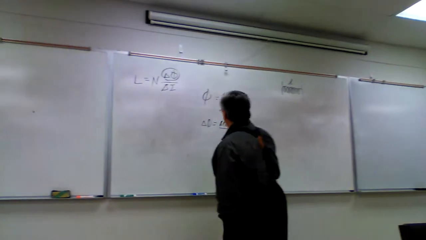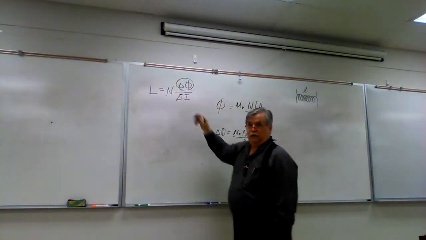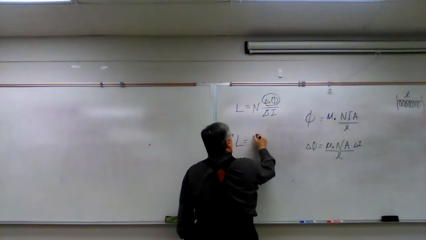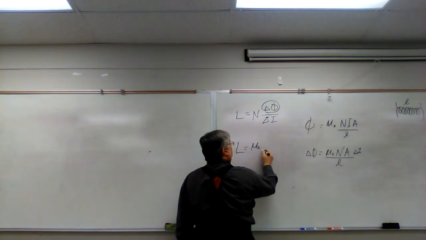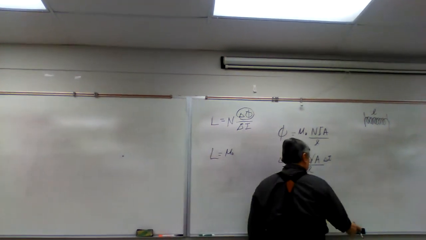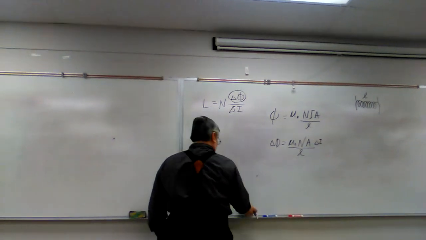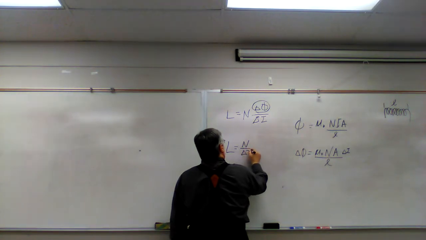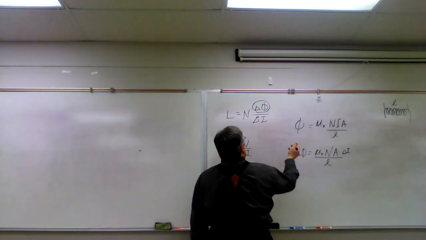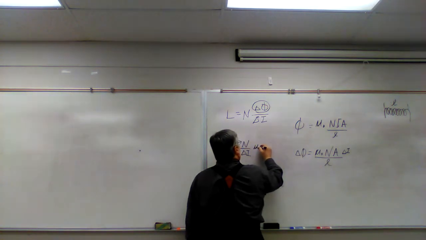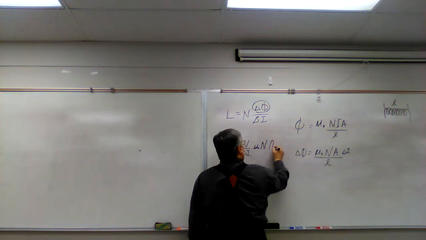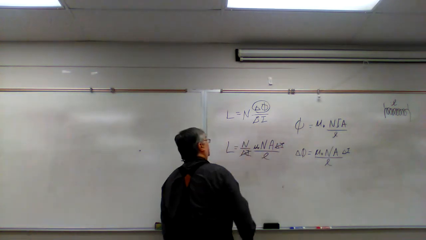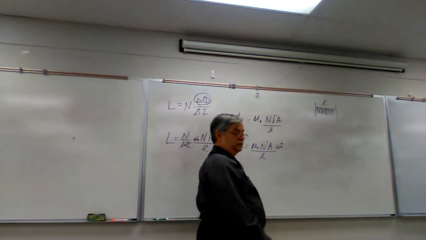Now we plug this into our equation here and we get L is equal to N over delta I times delta phi, which is mu sub naught N A delta I over L. Our delta I's cancel, and it looks like the N's get squared.